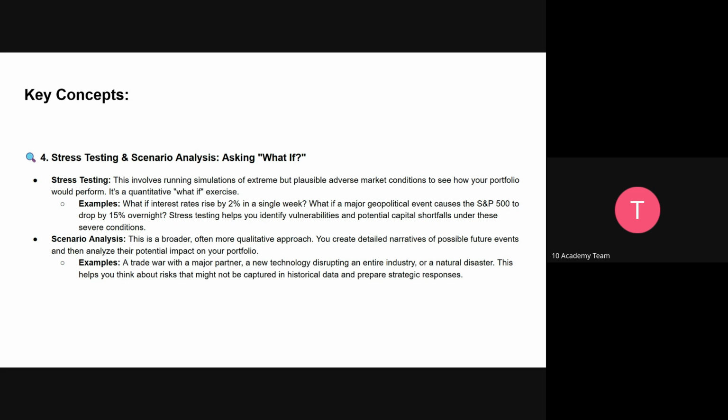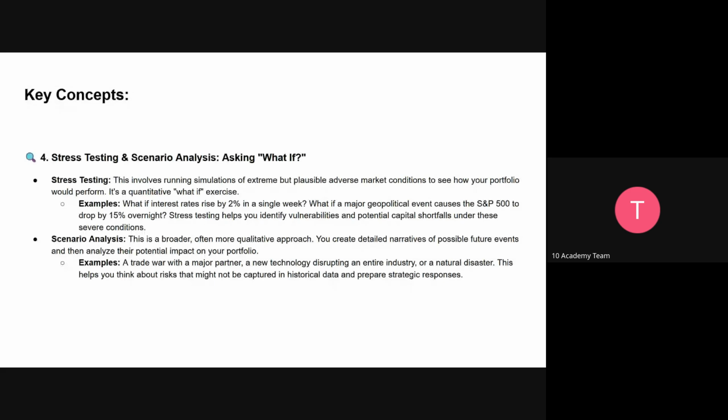So it will help us to identify vulnerability. This type of factor will affect me easily, or I'm ready for this type of factor, or this type of factor is not going to touch my business. So it will help us make those identifications.